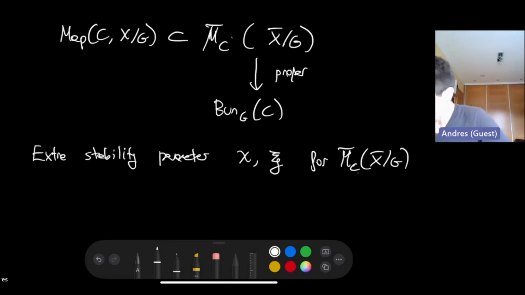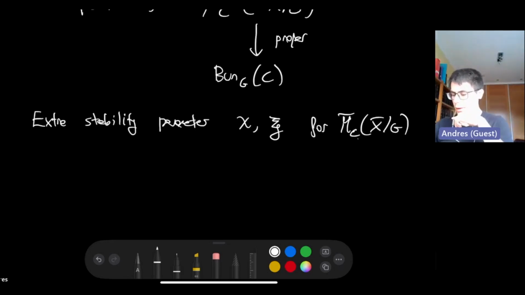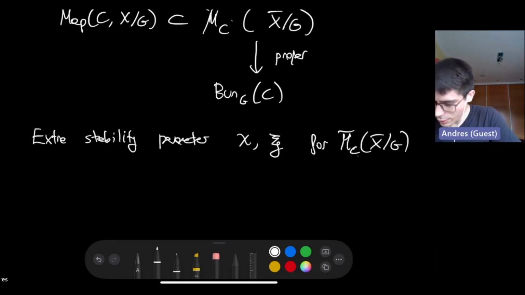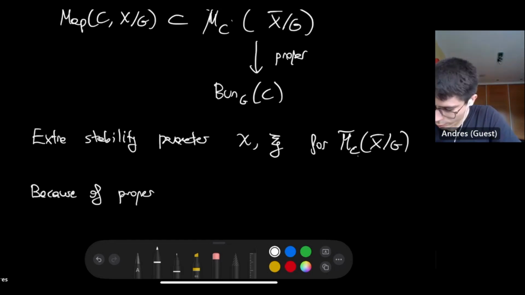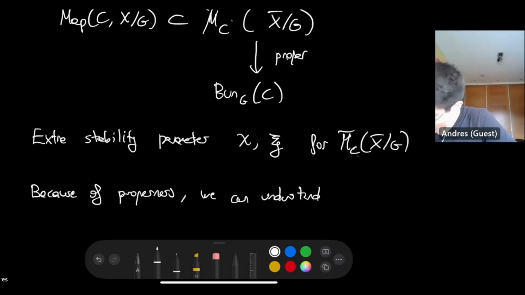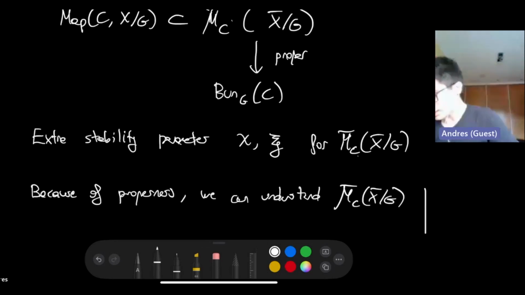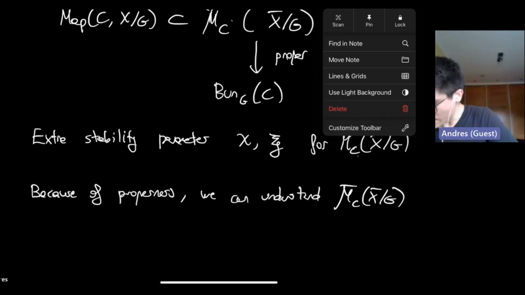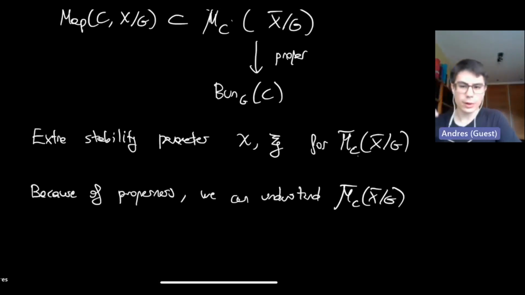Yeah, everything is compactified. So we have an extra stability parameter here. The idea is that because of properness, we can build a stratification, and understand the stratification quite well in this compactification. And if you're paying attention, generally you cannot compactify X mod G equivariantly.